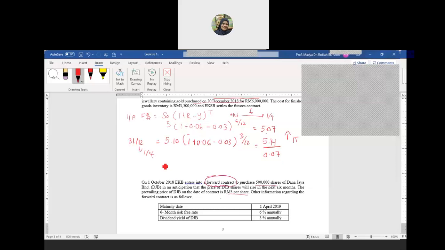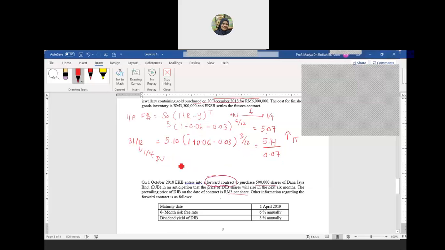Now we're going to refer to example 1. In example 1 we need to have a present value. The difference that we have here is 0.07, and we want the present value to find the gain.